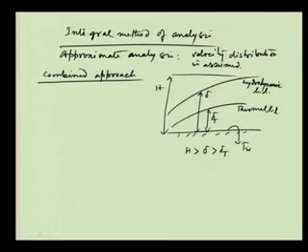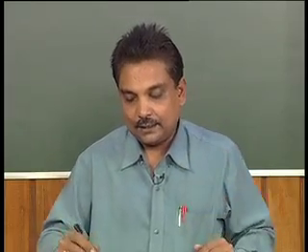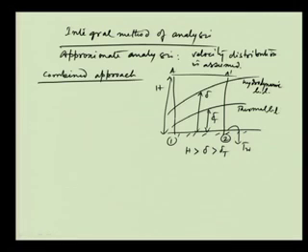Now, if I take a small section of this kind, where A dash is the area section, and this is plane 1 and this is plane 2. In this block of fluid where the hydrodynamic boundary layer exists and the thermal boundary layer exists, let us see what is happening and how to go about finding the integral equations.